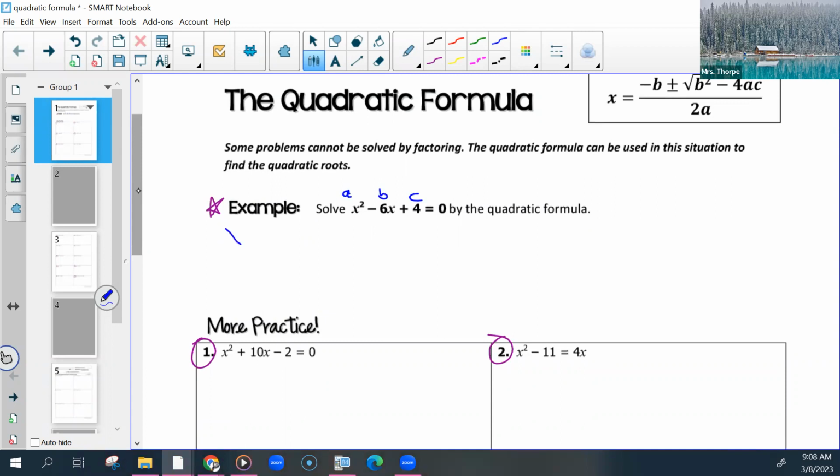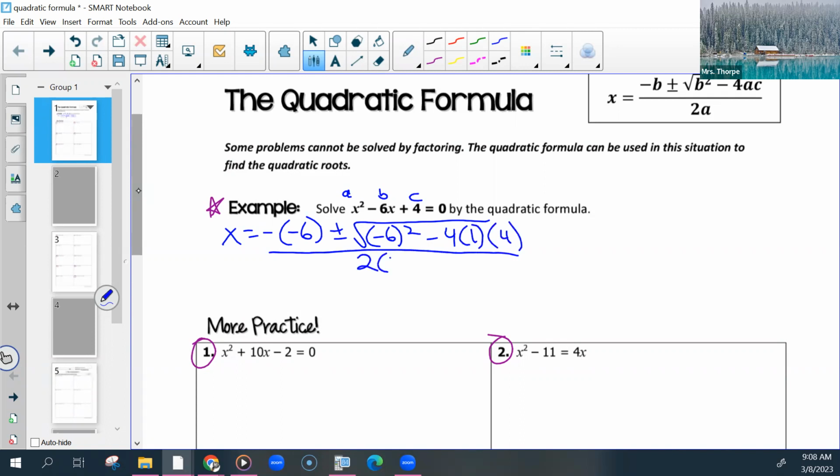So we have x equals negative b plus or minus the square root of b squared minus the 4 is always there times your a value times your c value, all over 2 times your a value.